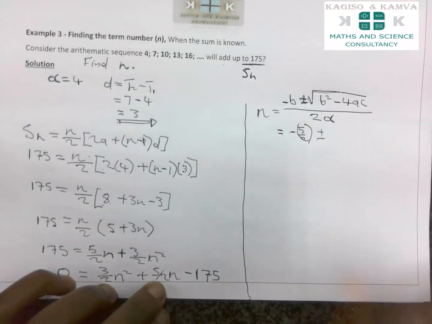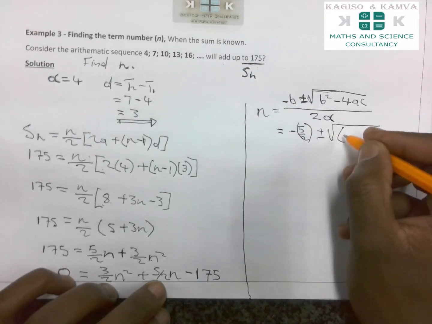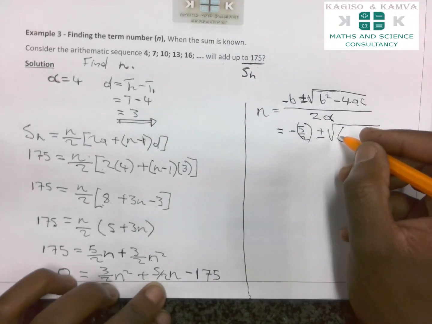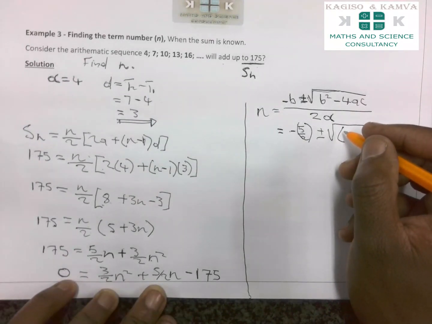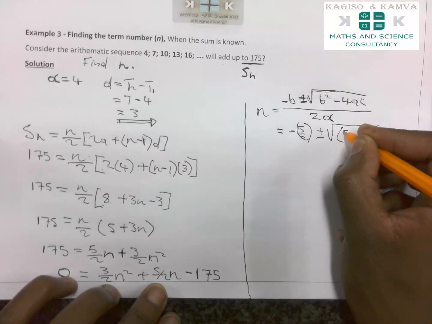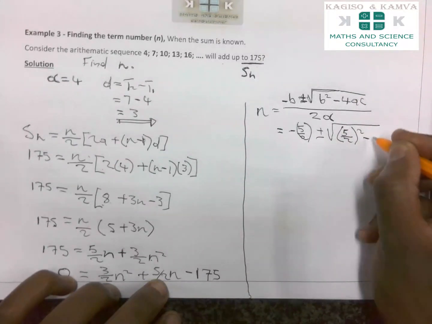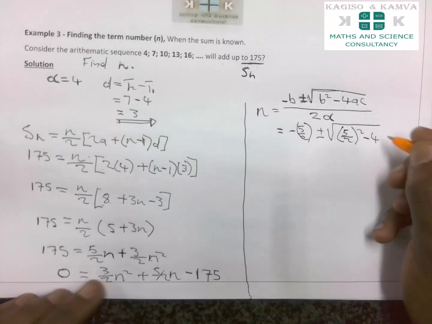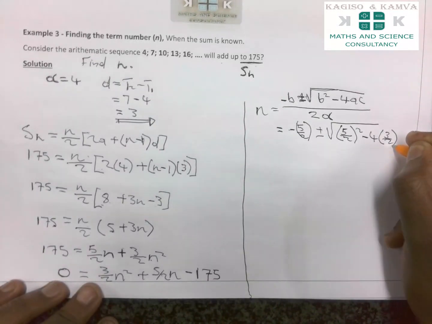That will be negative 5 over 2 plus or minus the square root of 5 over 2 squared minus 4a, which is 3 over 2.